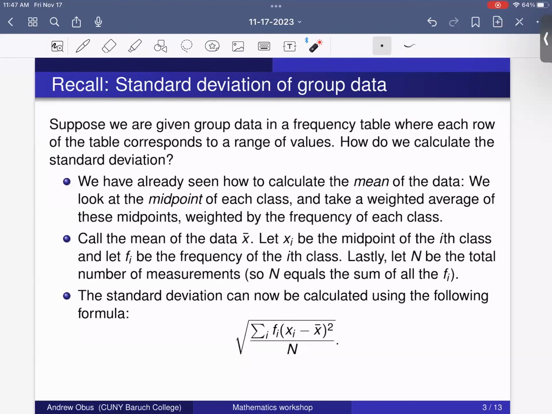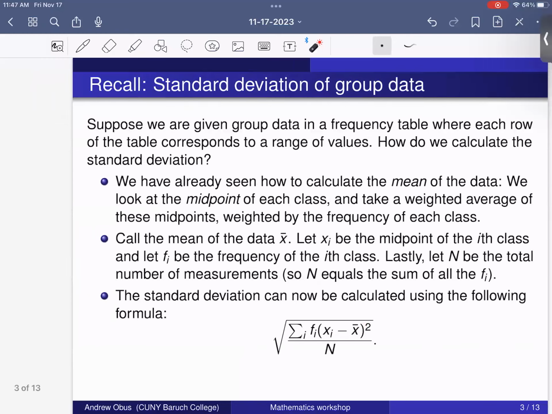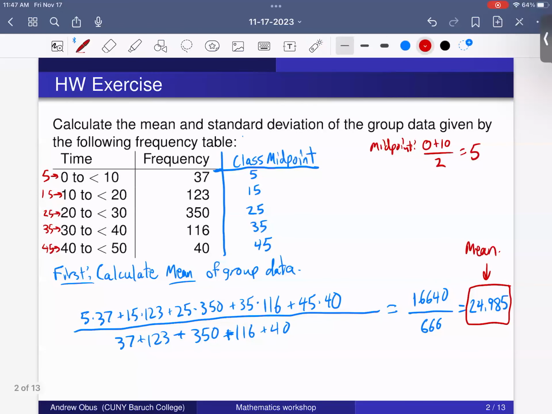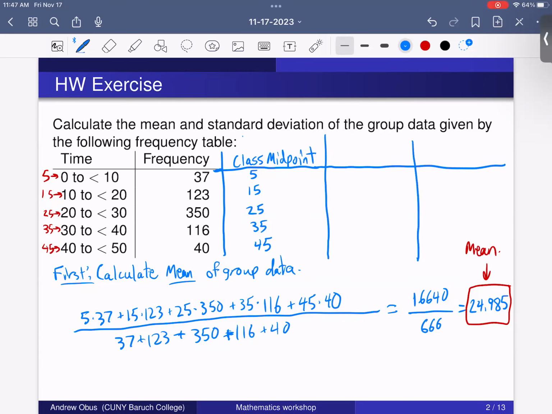Okay, so as per Ed's suggestion, let's add another column to the table for this xi minus x bar squared. I think we have space, actually. Just to make a little space, I'm going to delete this over here. So I'm going to add maybe 2 more columns to the table. This class midpoint is what we call xi.